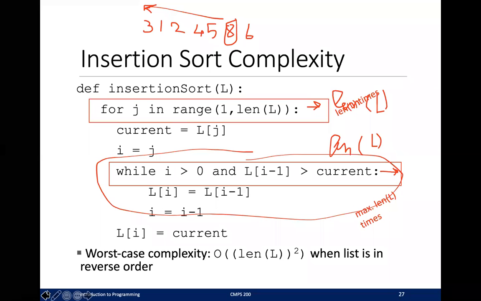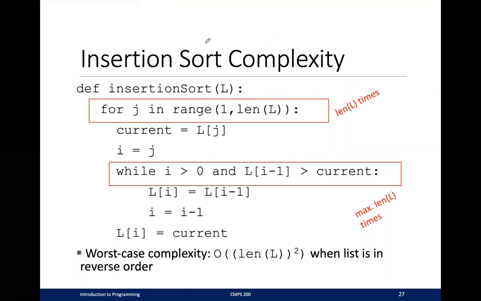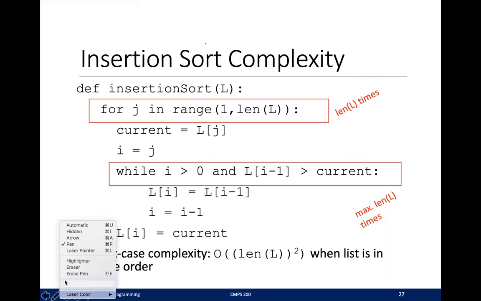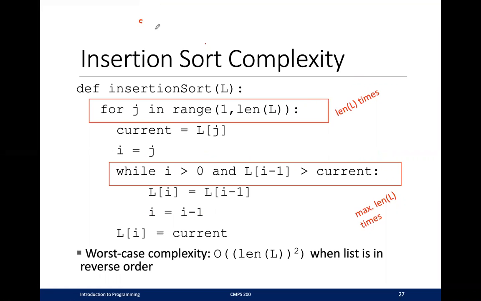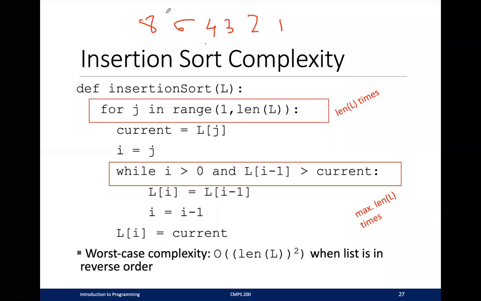Yeah. So let me erase. Okay. And now, what do I mean by reverse order? I mean the following. Let's say the list looks like this. 8, 6, 4, 3, 2, 1. Why is this the worst case? Because again, for 6, I'll have to compare it to 8 and push 8 to put 6.